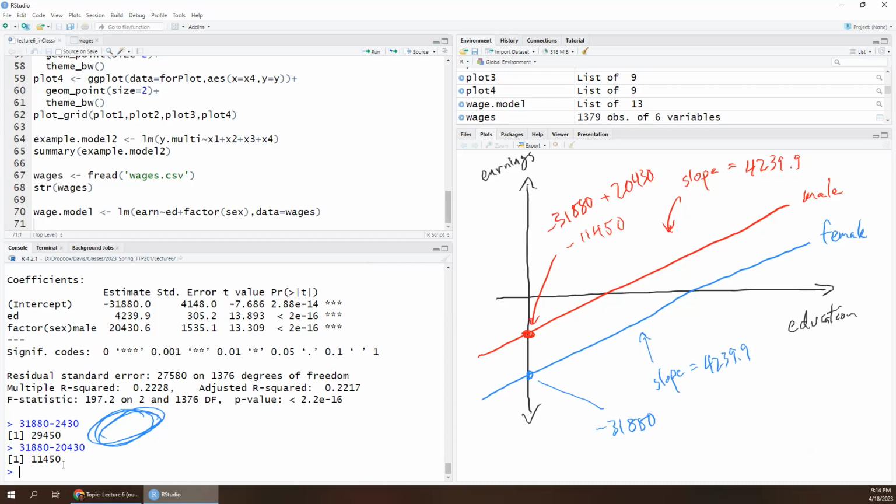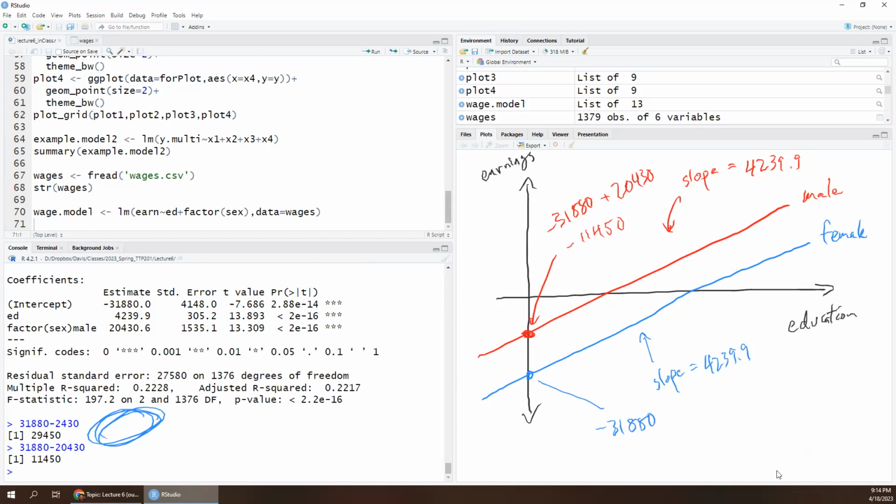This part does get a little bit confusing, especially for folks who haven't seen dummy and categorical variables before. So we're going to look at this in a little bit more depth next time, and also include some of the interactions as well.